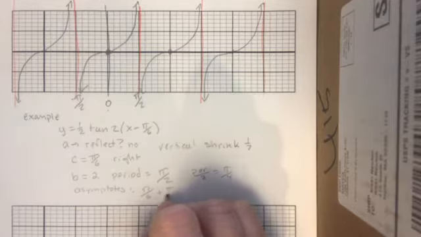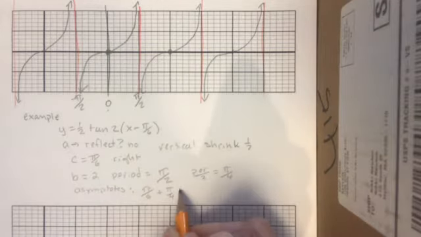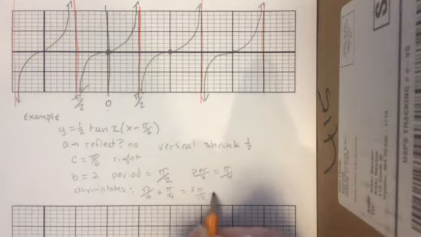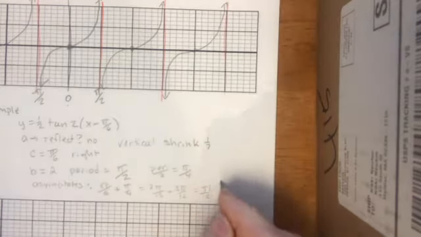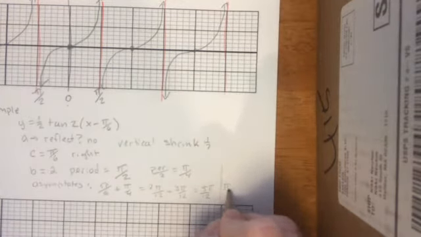So pi over 4, I'm going to subtract it as well, but I'll do this first. So common denominator, so 2 pi over 12 plus 3 pi over 12. So that's 5 pi over 12. And then I'm going to do this one shorter. So pi over 6 minus pi over 4.